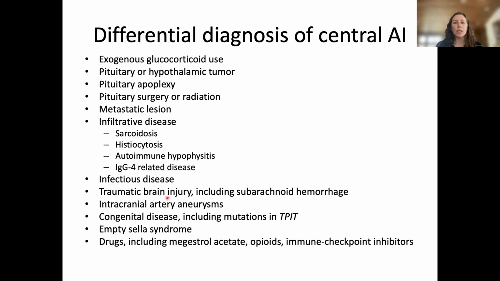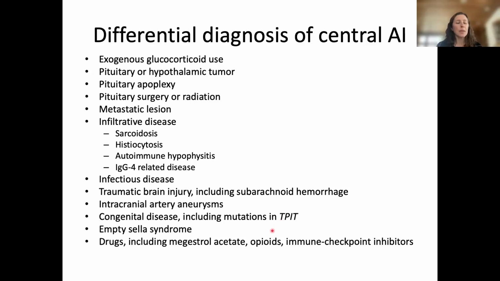Traumatic brain injury, I wanted to highlight because up to 1/3 of patients with traumatic brain injury do develop chronic pituitary dysfunction, although it's more commonly growth hormone deficiency than ACTH deficiency. Congenital diseases, including mutations in TPIT, which is a transcription factor necessary for differentiation of the corticotroph cell, can also be a cause of neonatal isolated ACTH deficiency.